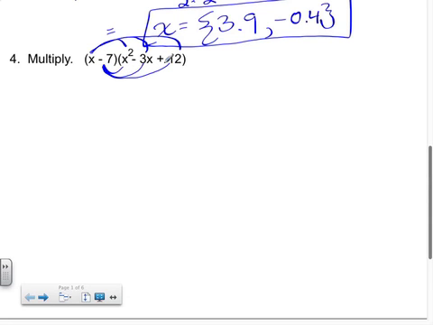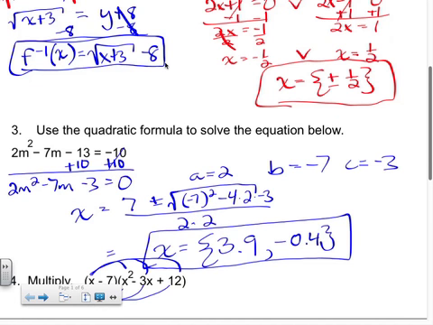Okay, how do you get two answers out of the quadratic formula? Because one of them is plus the square root, the other one is minus the square root.